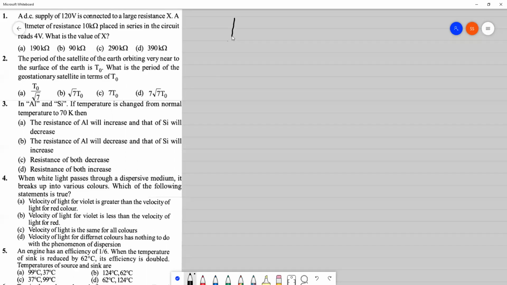There is a DC source, a voltmeter, and a high resistance. The voltmeter is 10K, which is 10,000 ohms, and this one is X. We don't know what this is.